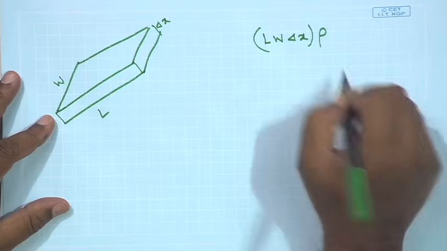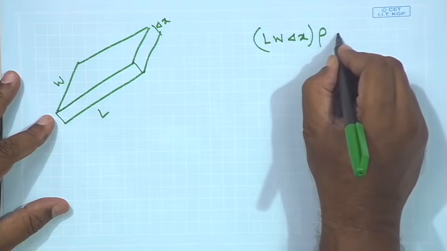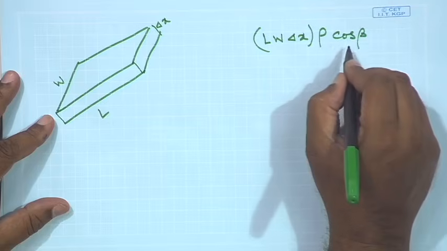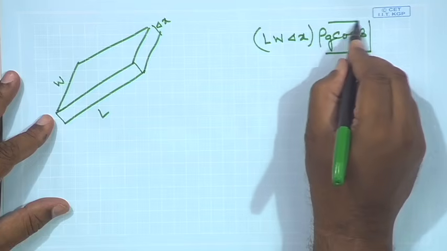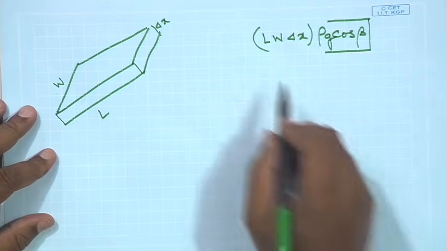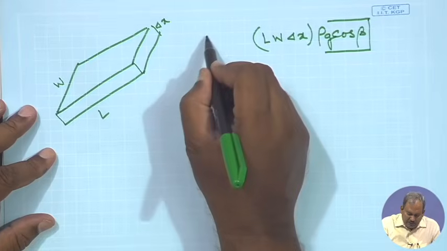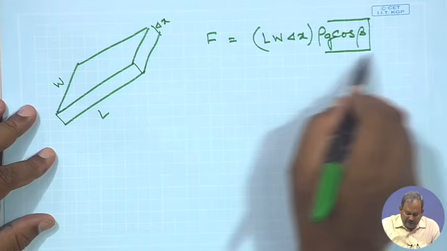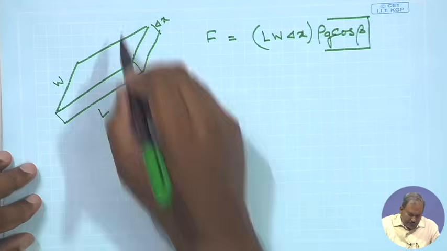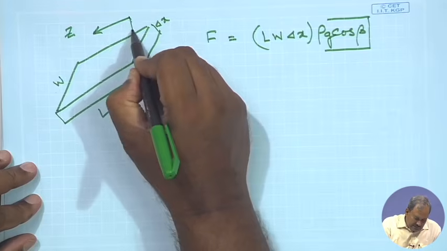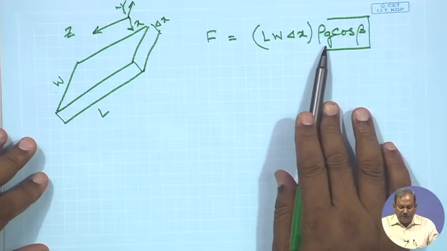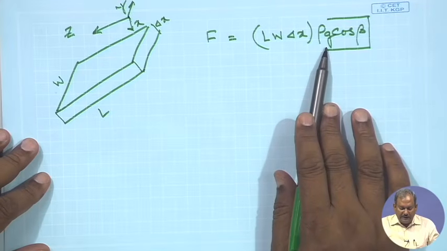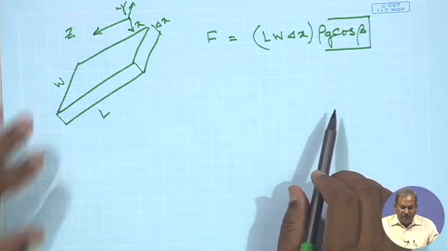I multiply it with rho in order to get the mass of the control volume, and g cos beta, which is the component of the body force. So this totally gives me whatever be the force which is acting on this system. Now this is my z direction, this is my x direction, and somewhere over here is my y direction. So this gives me the body force which is acting on the imaginary control volume.